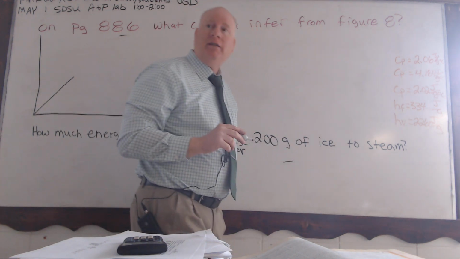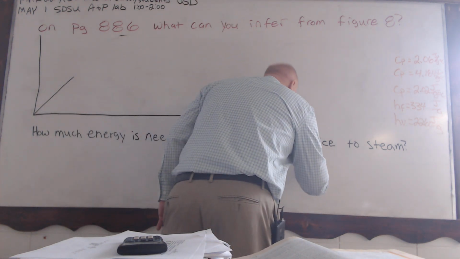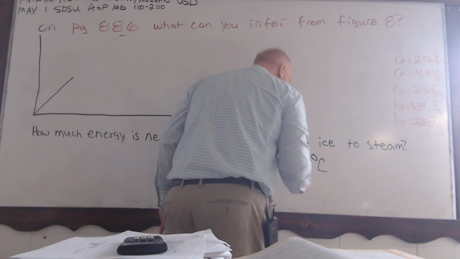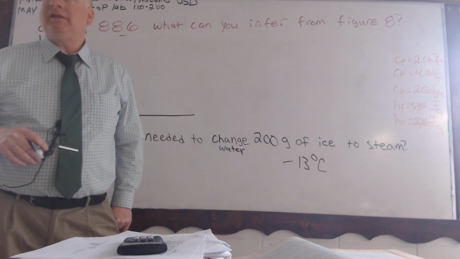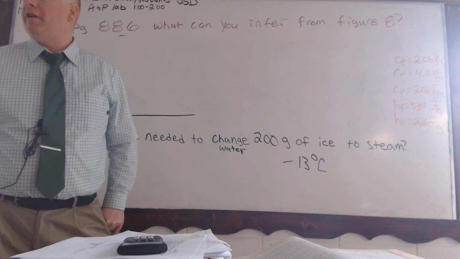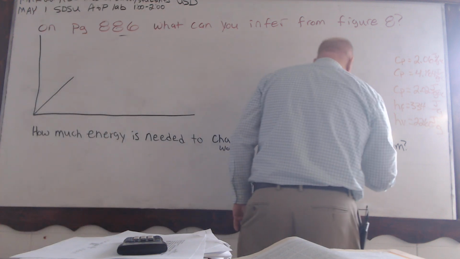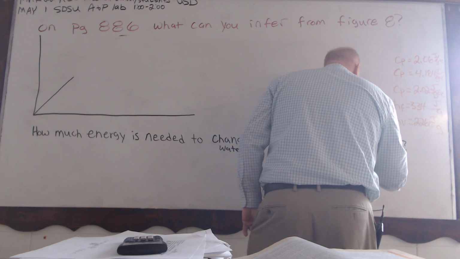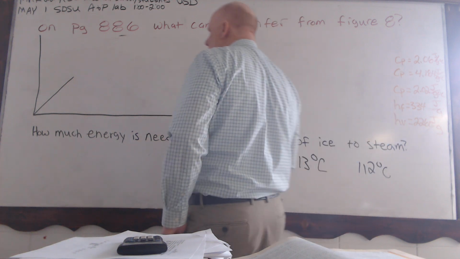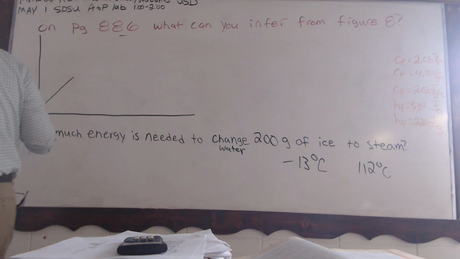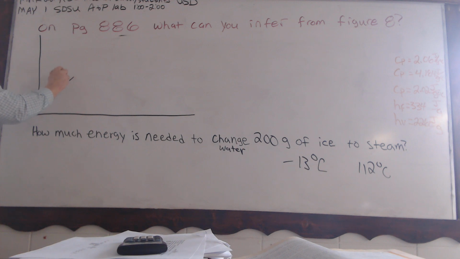Negative 13, you said? Negative 13 degrees centigrade. And we want to get this to steam, so it has to be over 100. 112. So negative 13 to 112 degrees centigrade. So what we're doing is raising the temperature of that ice until this starts to melt.